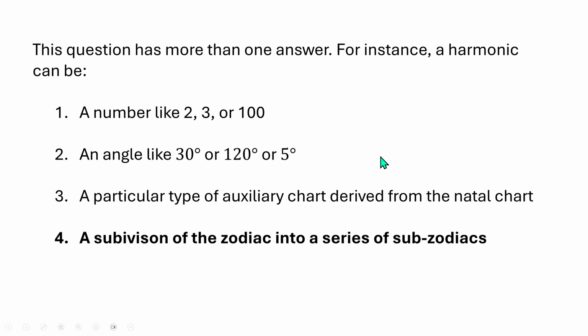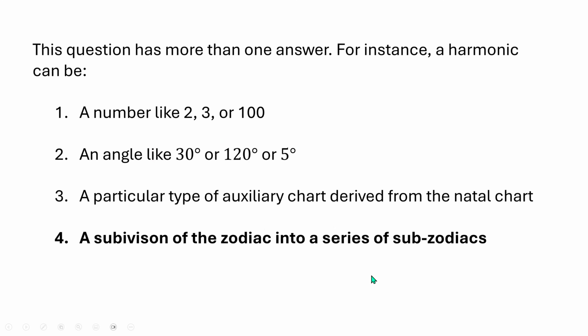Okay, but every cycle can be broken up into the 12 phases that correspond to the 12 signs of the zodiac and the 12 houses of a horoscope. So in particular, every 30-degree cycle can be broken up into those 12 phases. And that means you're replacing that 30 degrees by a subzodiac. Okay.